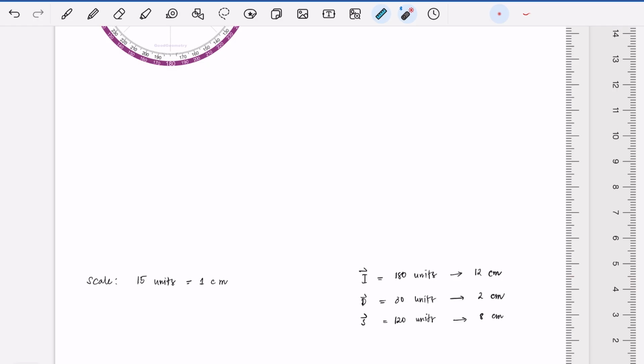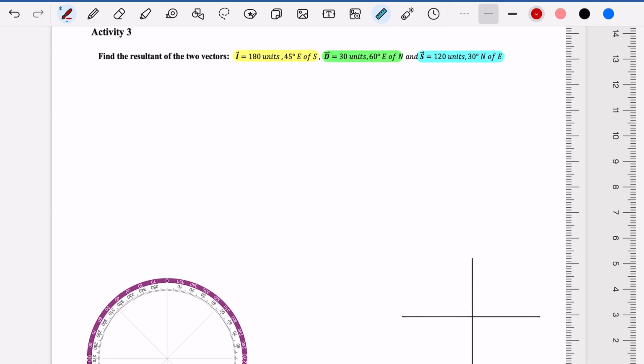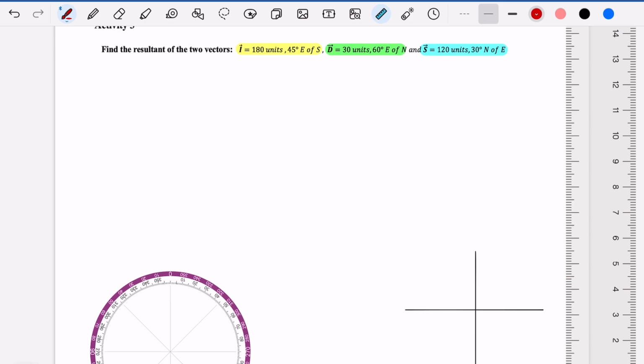I'm going to say that every 15 units is equivalent to 1 cm on my ruler. That means all of these vectors will simply be 12 centimeters, 2 centimeters, and 8 centimeters.